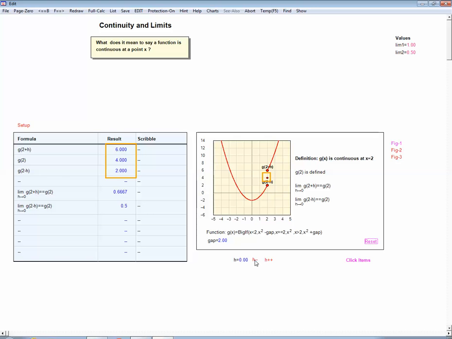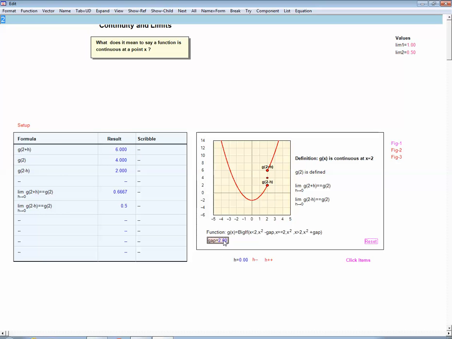So if we want to make this function continuous, we have to get rid of the gap. And we can do that in this case by just making this gap 0.